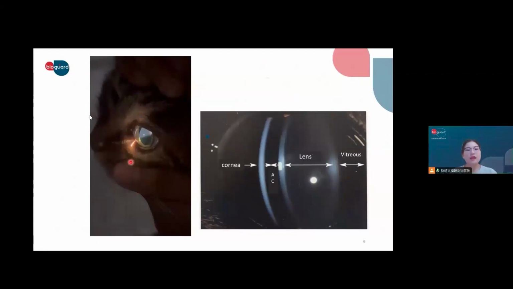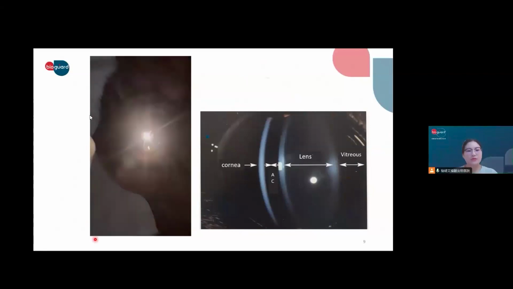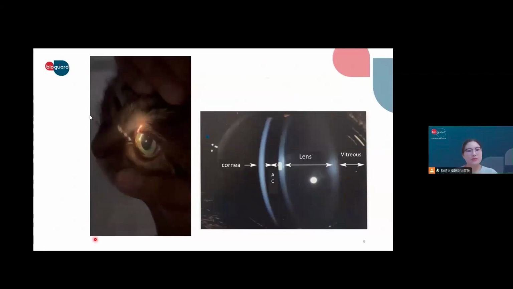Let's look at this video. See it? This video shows us how to use the slit light to check the eye. So let's display the video again.